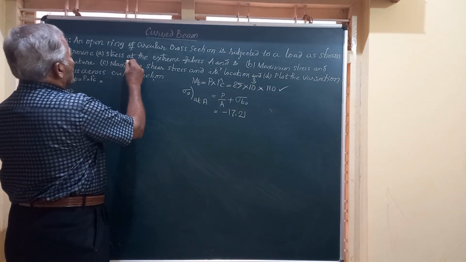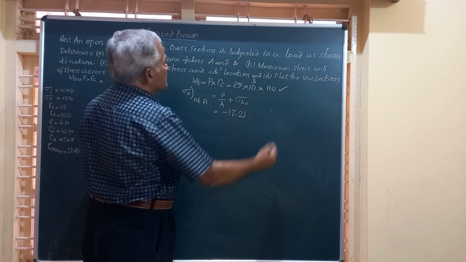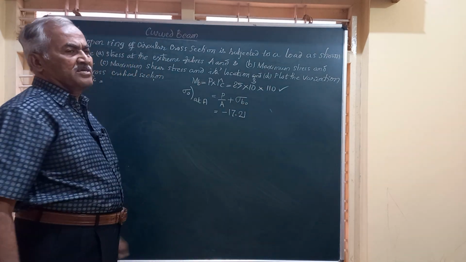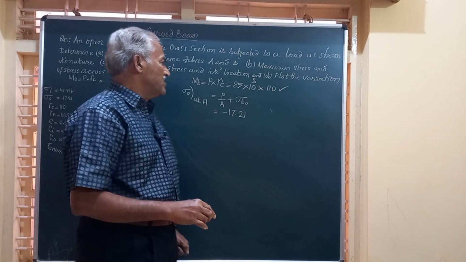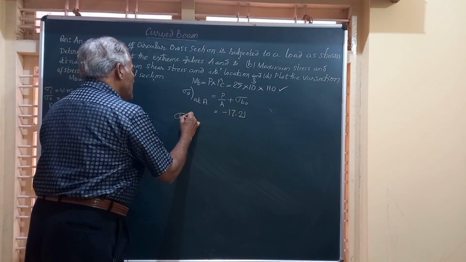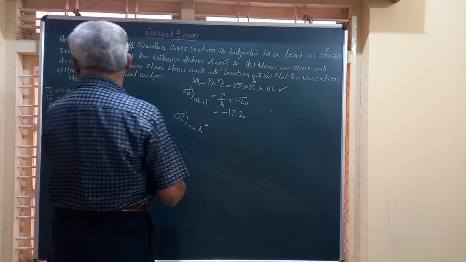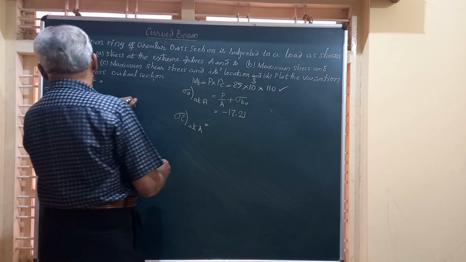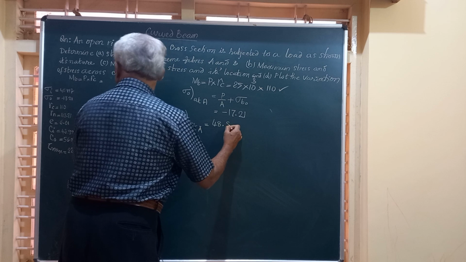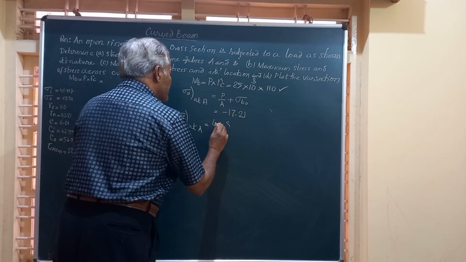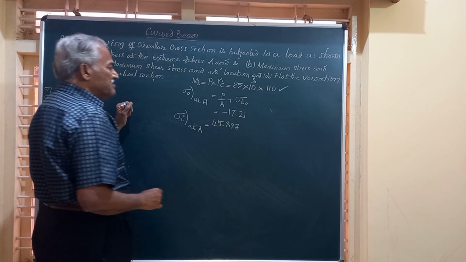So friends, we have found out the stress at the extreme fibers A and B, the maximum stress and its nature. If you see the stresses at the inner and outer fiber, at the inner fiber, sigma I at B, we have calculated as 45.897 Newton per mm square.